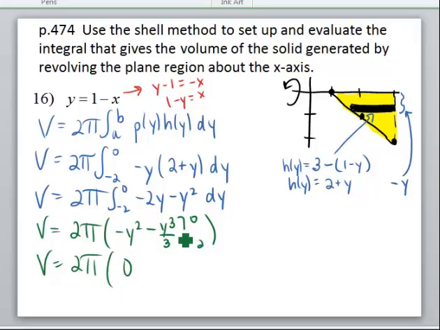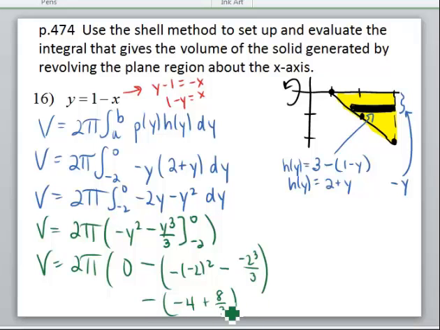When I plug in 0, I get 0 minus, I've got a negative 2 squared minus a negative 2 cubed over 3. Got tons of negatives going on here, so I'm going to take this slow. I've got a positive 4, which now makes it a negative 4. I've got a negative 8, which now makes it a positive 8 thirds.